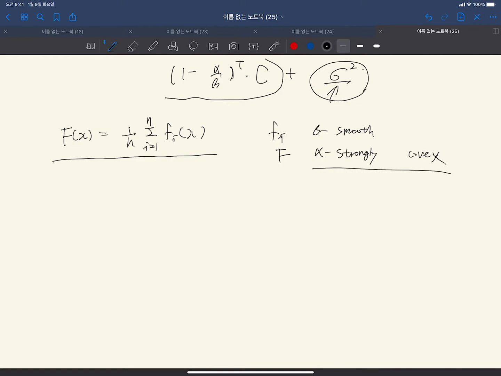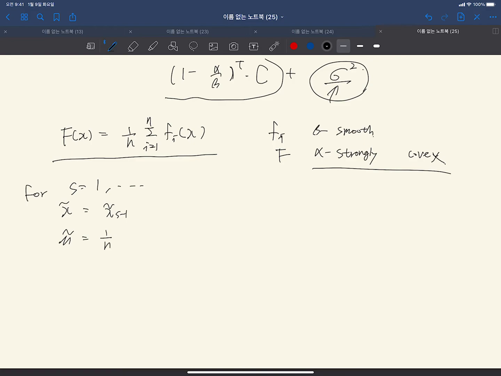Okay, and the algorithm is, actually we already discussed what SVRG is in our course. So for s from 1 to the end of time, we update x tilde, which is equal to x tilde s minus 1 at the beginning of the s-th loop, and we compute the mu tilde.